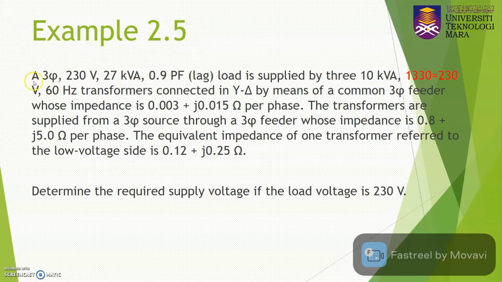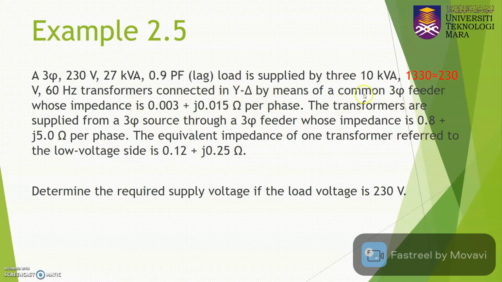In this question, it said that you have a three-phase load. This is the parameter of the load. The three-phase load is supplied by three transformers connected in Y-delta configuration by means of a common three-phase feeder whose impedance is given by this. Meaning the transformer is connected to the load through this three-phase feeder.